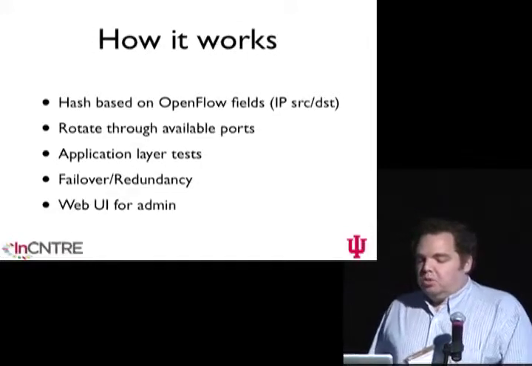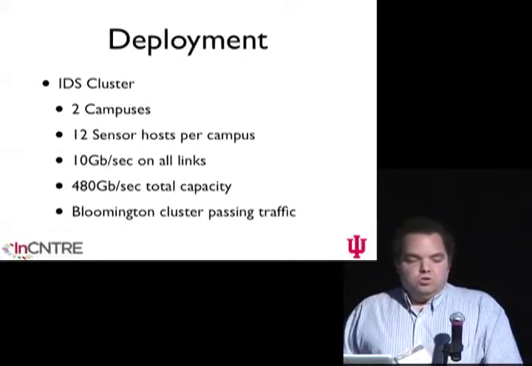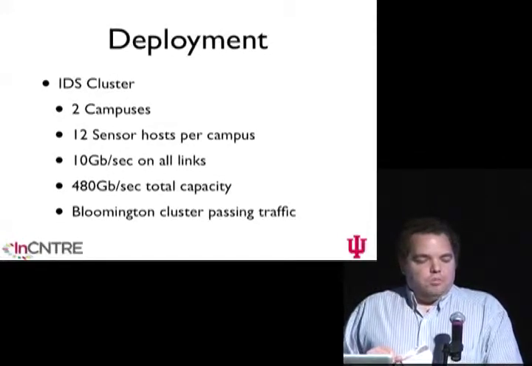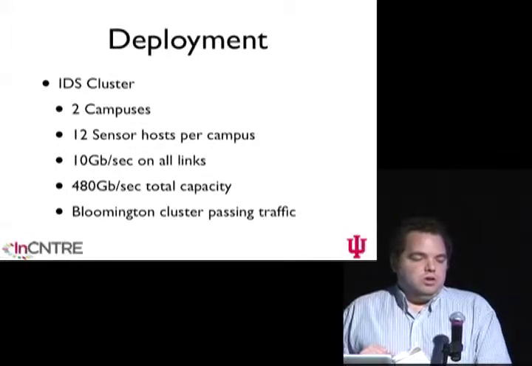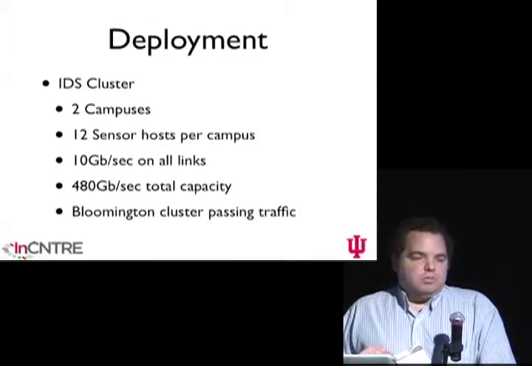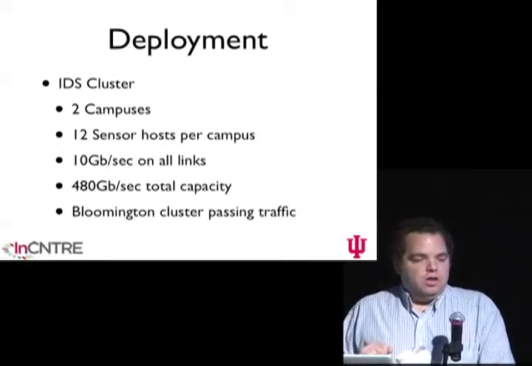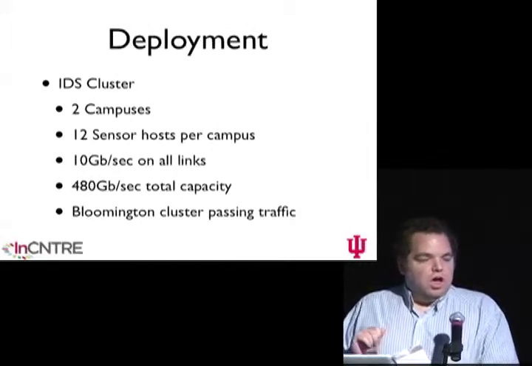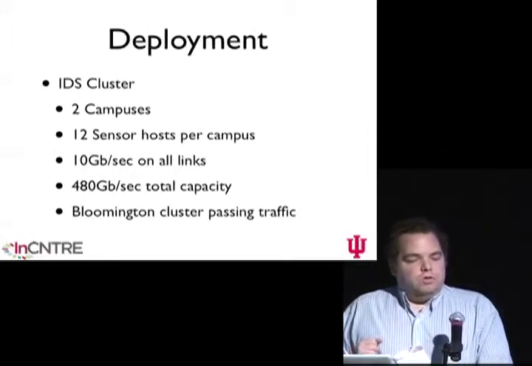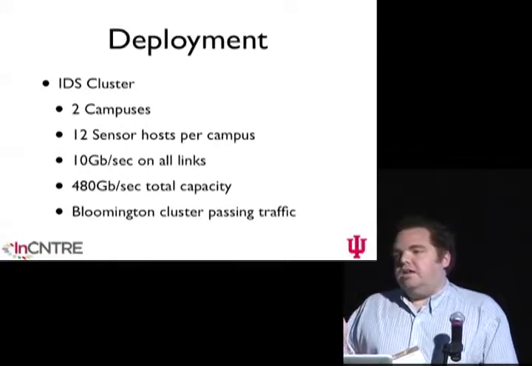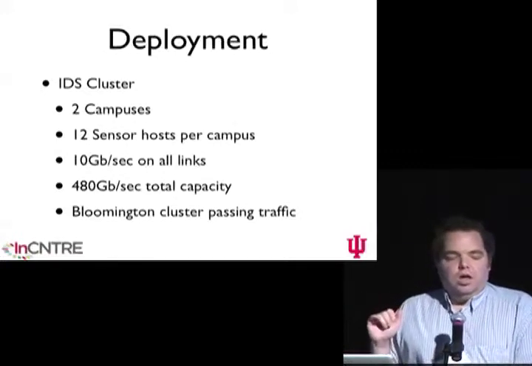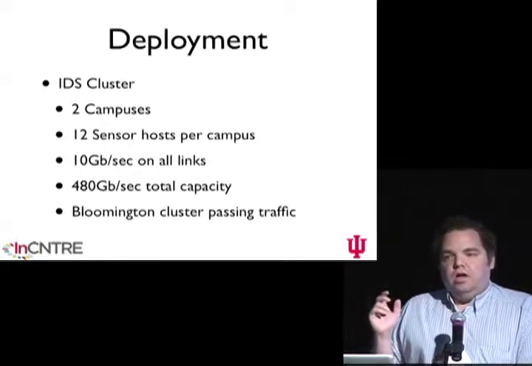Our initial deployment, which just started passing traffic last week, is the Bloomington and Indianapolis campuses of Indiana University. This is our IDS cluster. We have 12 sensor ports per campus, all 10 gigabit links on 10 gigabit ports.